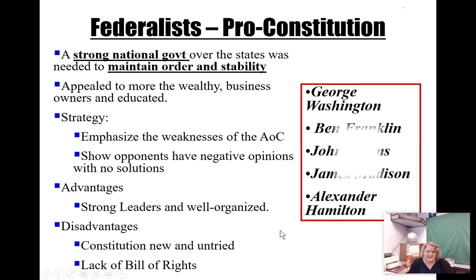So these are our Federalists, our main people. We have George Washington, who is very trusted in the colonies, well, in the states now. Benjamin Franklin, John Adams, James Madison, the father of the Constitution, and then Alexander Hamilton. What they ended up doing is they wrote a series of essays called the Federalist Papers.